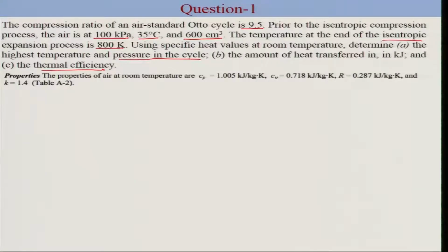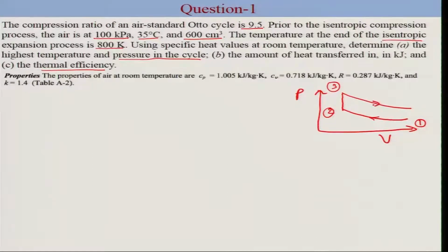So, if we see the whole process on a PV diagram, since it is an Otto cycle, the first process will be isentropic compression from state 1 to 2, followed by heat addition at constant volume from state 2 to 3, and then isentropic expansion from state 3 to 4 and heat rejection at constant volume.